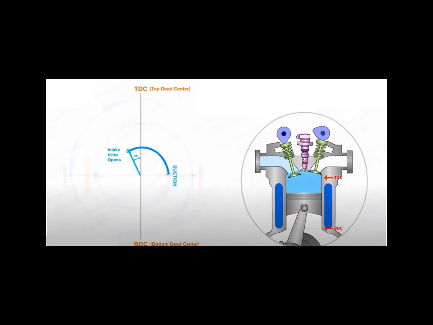The piston is traveling down in the cylinder. It reaches bottom dead center, changes direction, and starts coming up. At about 30 degrees after bottom dead center, the intake valve closes. So the piston's physically moving up in the cylinder with the intake valve open.